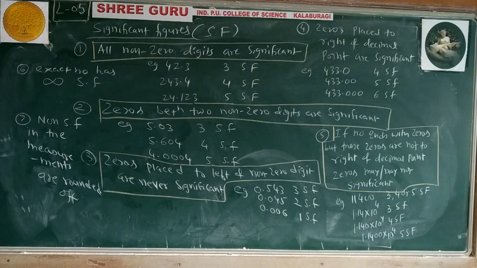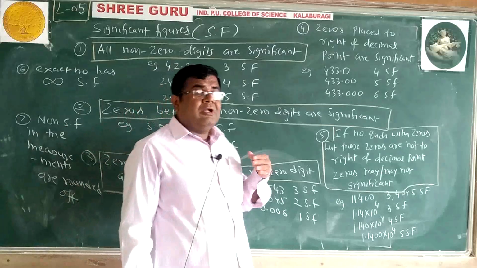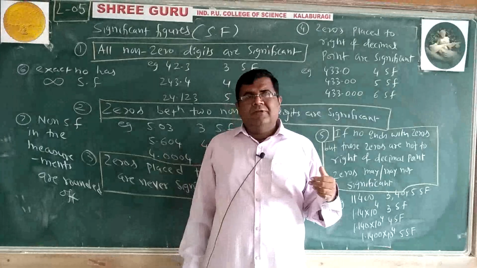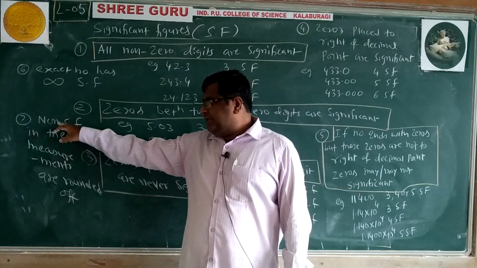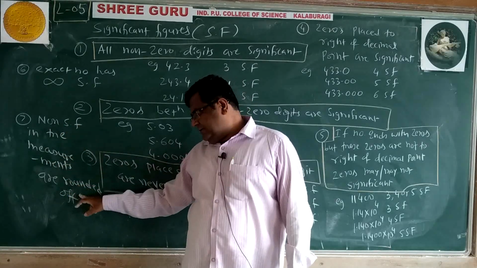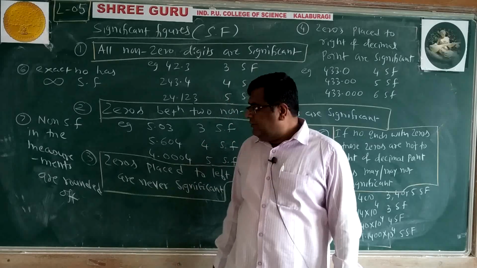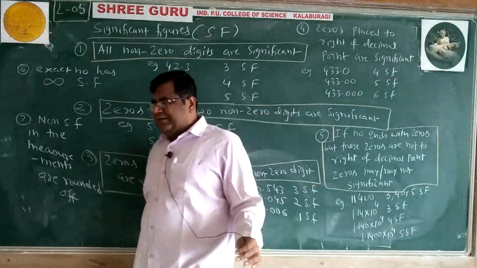We have to round off the doubtful digit. How to round it off? Certain rules we have to follow, but here we have only mentioned that non-significant figures in the measurements are rounded off. So this 6 and 7, by taking examples, we will understand.